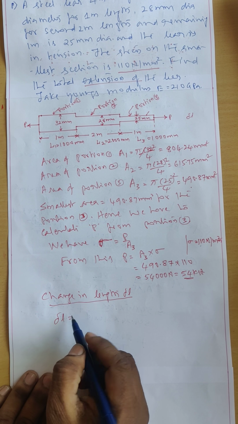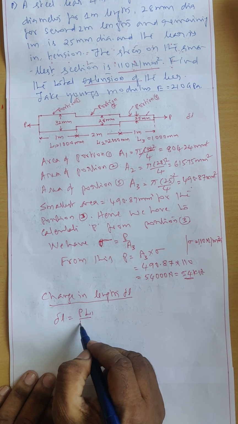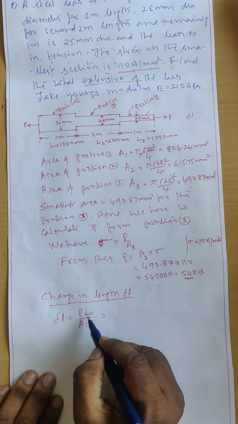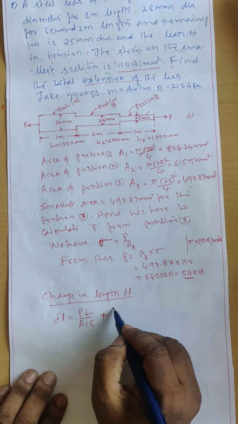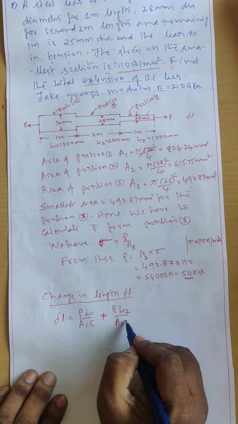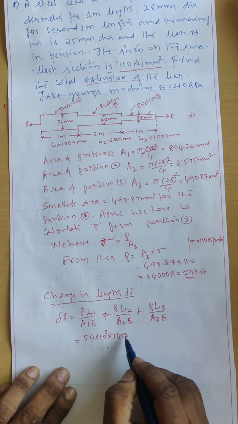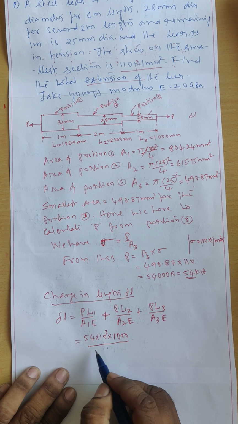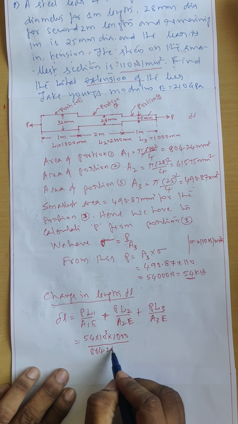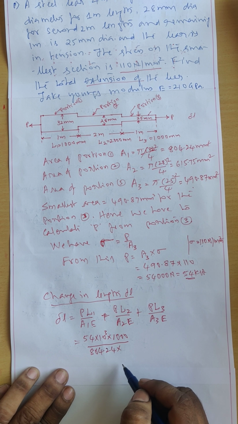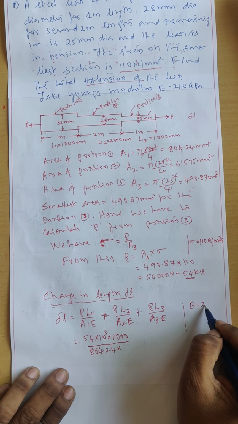Change in length delta L equals P into L1 by A1 into E, because P and E are constant, L and A vary, plus P into L2 by A2 into E, plus P into L3 by A3 into E. Now all the values we know, P value we know, we can substitute here. 54 into 10 to the power 3, L1 is 1 meter, means 1000 mm, divided by A1 we calculated, it is 804.24 into E is 210 gigapascal. It is given E equal to 210 gigapascal.